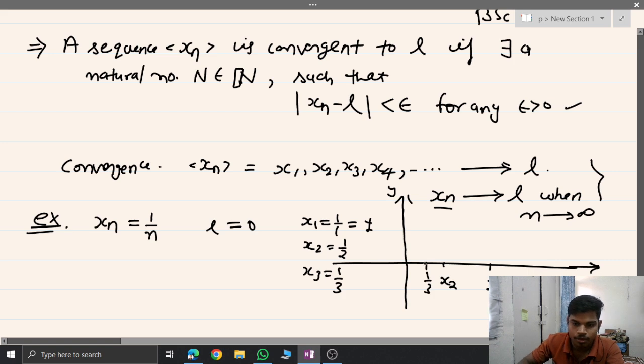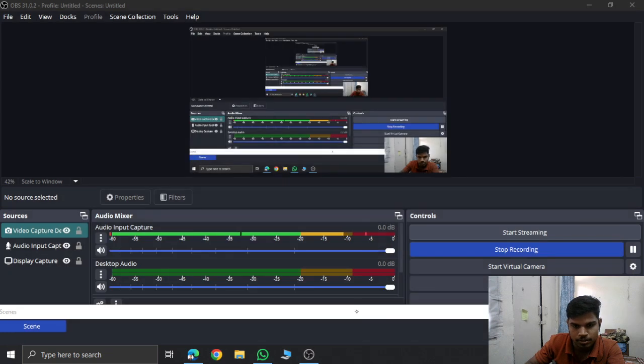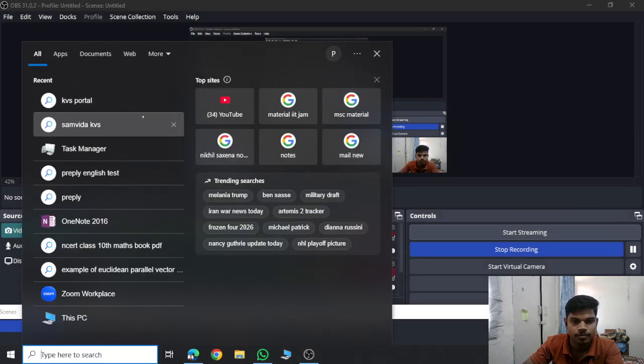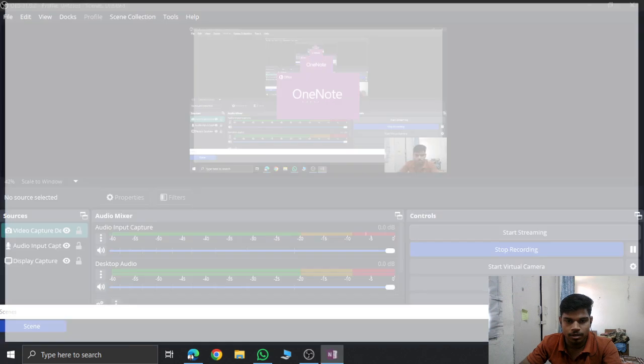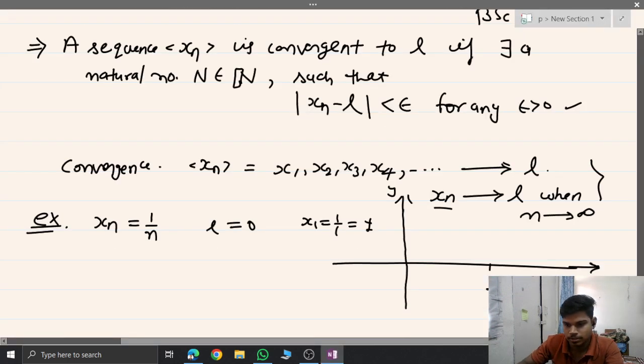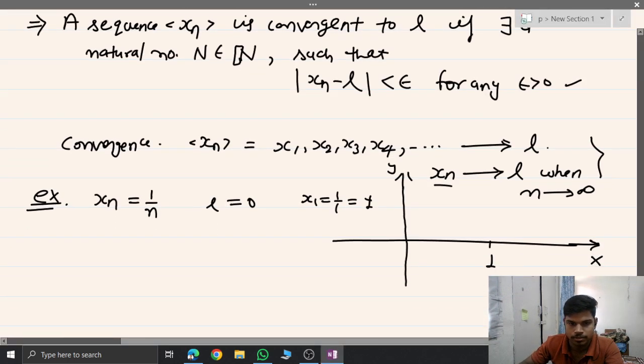When you are moving to x4, x5, x6, x100, x1000, sorry for this, I think there is some technical issue. I had given some terms here.